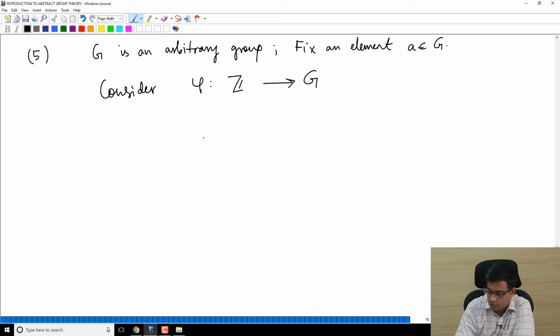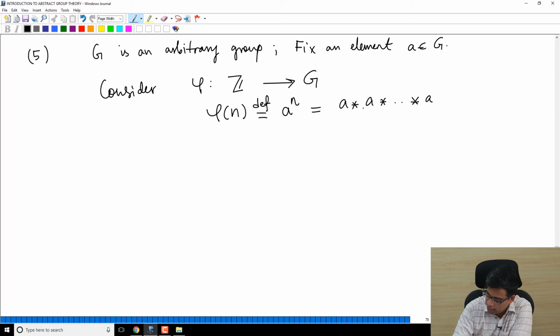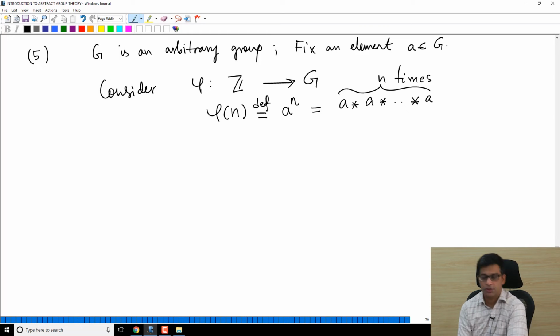Because I have used A for the group element, let me use n for the integer. I define phi of n to be A power n. Remember again, A power n stands for A star A, n times. So I am applying the binary operation of our group G to A n times. So this is phi of n equals A power n.